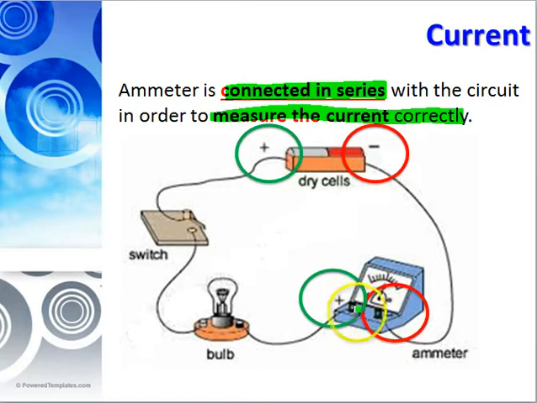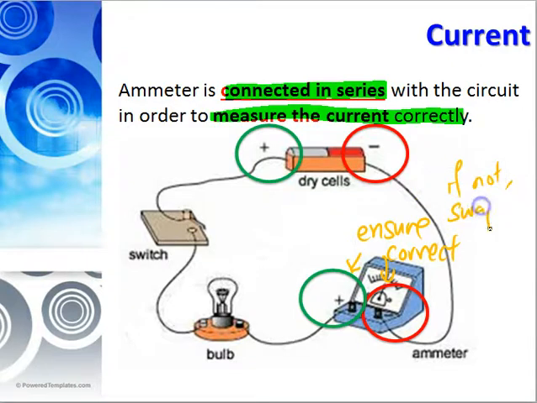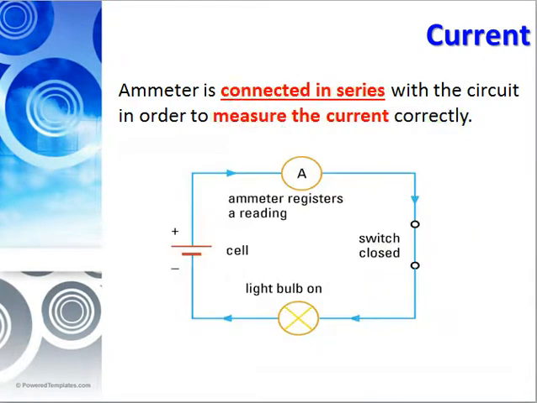All you need to do is swap the wires. Ensure that it's correct. So you can see here the ammeter connected in series to measure the current correctly.